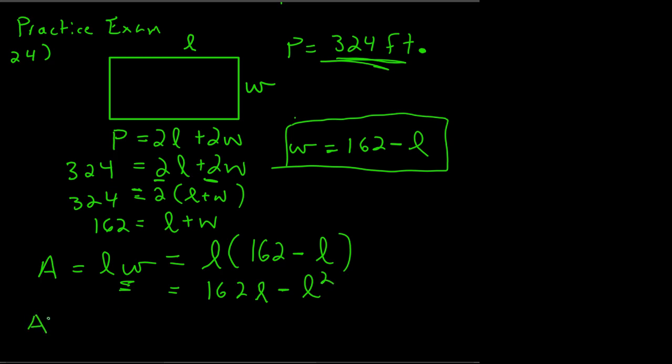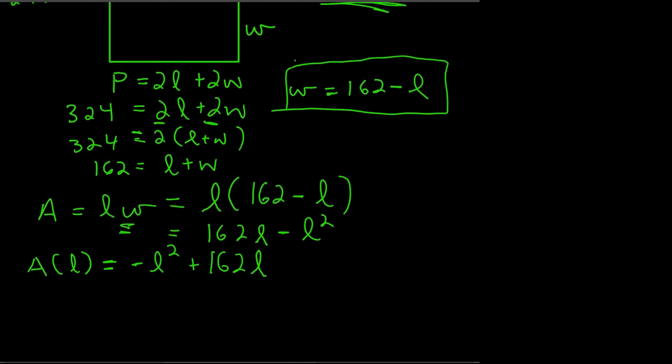And so my function of area as a function of length is negative L squared plus 162L. Well, it's going to maximize at the vertex.